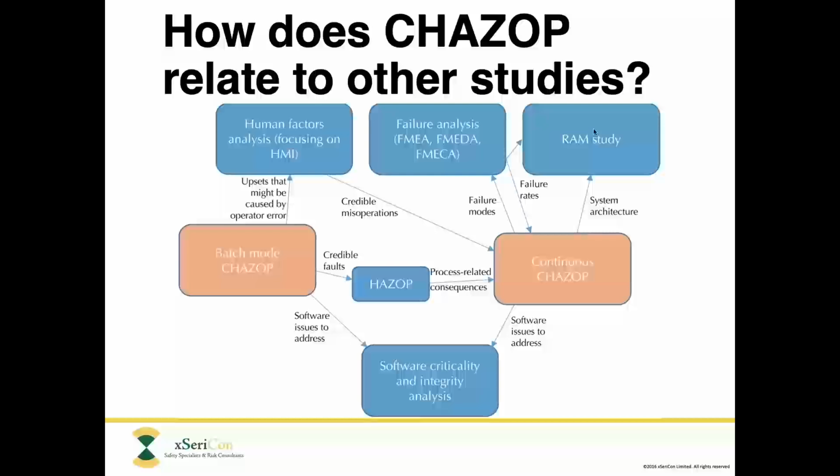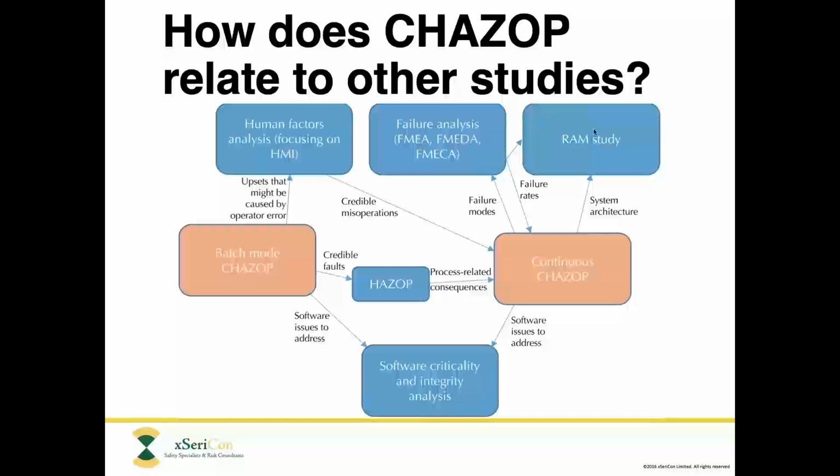So that sort of study, which is based on a pretty simple and short checklist, I think should come before you do the HAZOP study, as an input to it. Then after you complete the main HAZOP study, the HAZOP becomes an input to what I call the continuous CHAZOP study. This is where we look at the entire control system, including all of the networking associated with it and any other PLCs that are part of the control system.